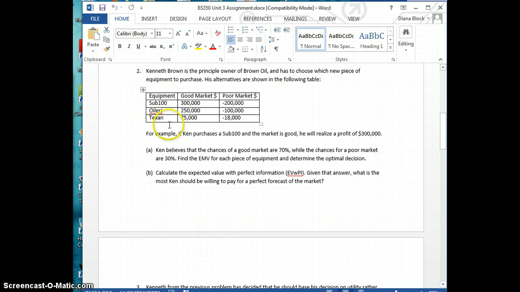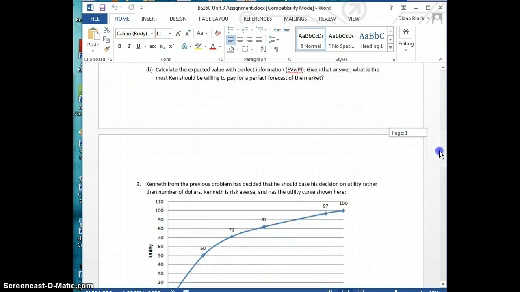And you're going to use this information in this table to determine the expected monetary value of each of these pieces of equipment, so that you can determine which is the optimal decision to go with. And then in part B, after you calculate EVWPI, you'll be able to determine how much you should pay for a perfect forecast of this market. So that's about pages 71 through 73.